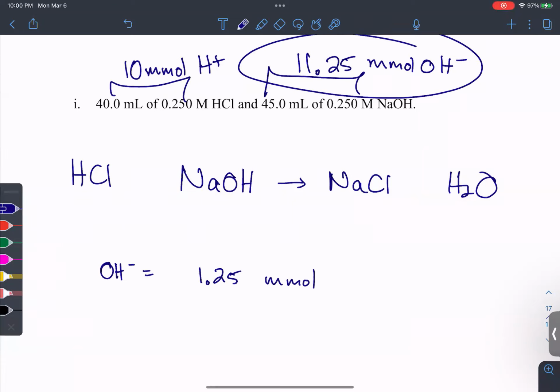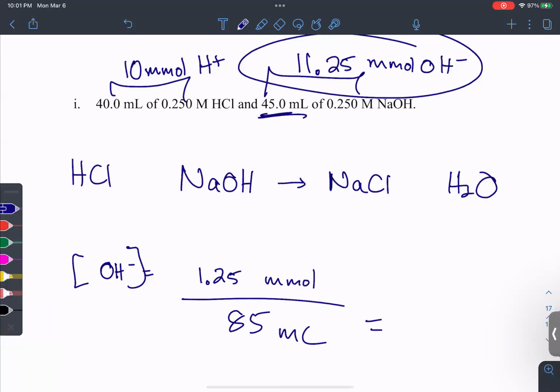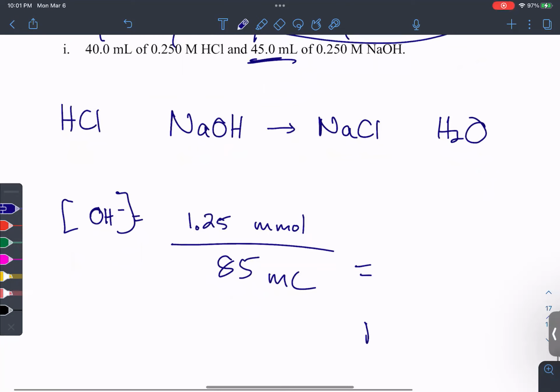Great, so I just shove that into negative log, pOH, get pH. I just put negative log 1.25, that's my pH. No, how do I get the hydroxide concentration of the final mixture? I have to divide by volume. Do I divide by 45? No, I divide by 85. Yeah, so 85 milliliters will get me my concentration, whatever that is, and then you calculate pOH, and then you calculate pH. All right, we'll be done.